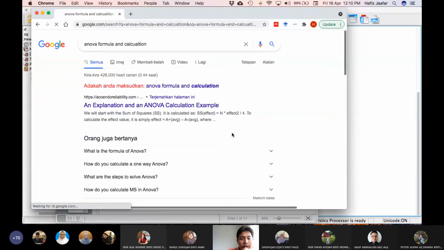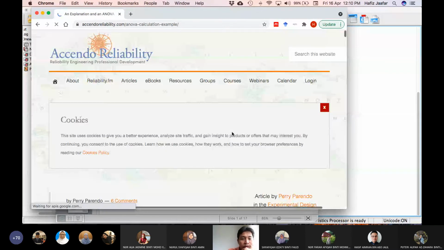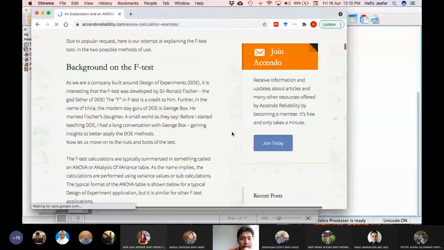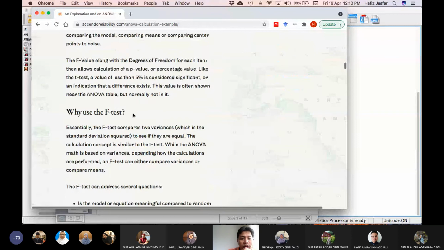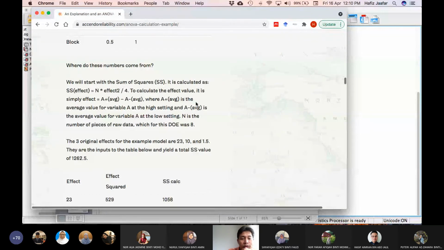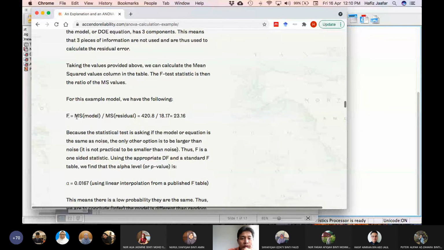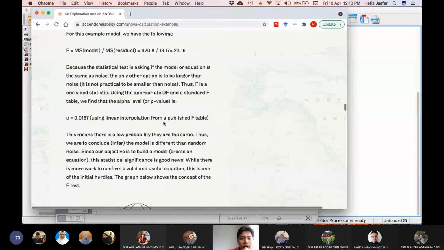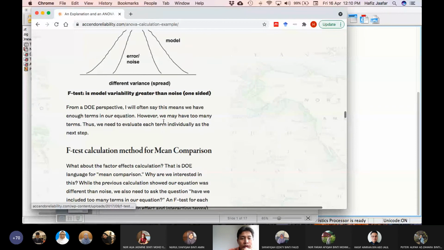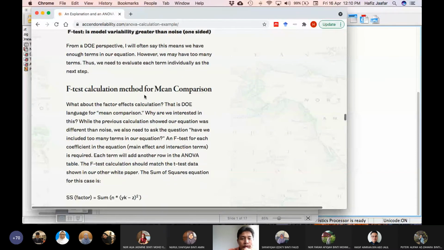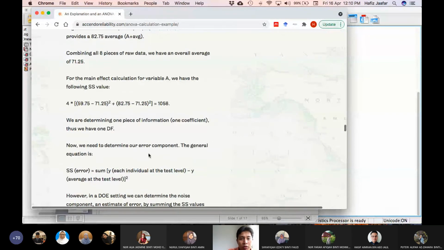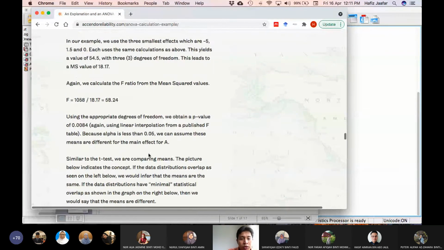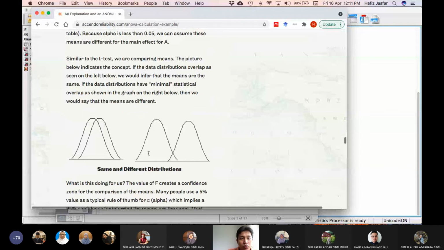Okay, nanti boleh baca yang ni, background on the F-test ni. Ni basically cara dia buat calculation, come out with the formula. Okay, F is MS model divided by MS residual. Okay, this is a probability model lah. So nanti bila ada formula ni, you guys will masukkan formula, masukkan data macam buat admit dulu. Lepas tu nanti dapat F value.